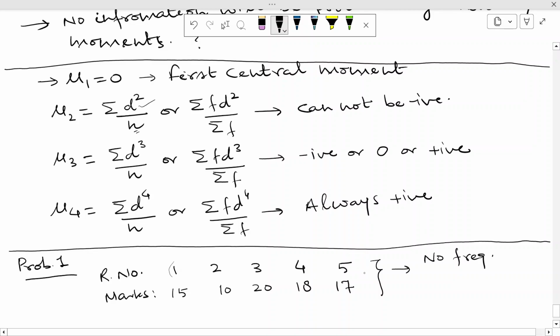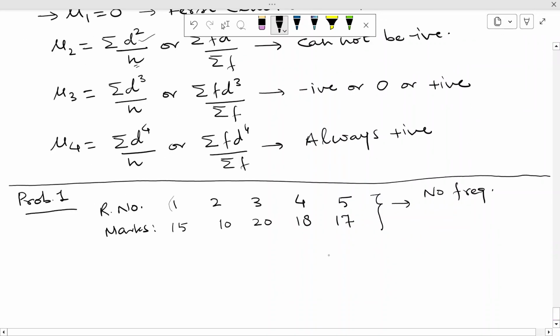This is not the frequency, this is simply the roll number. Frequency is the repetition of any observation. So this is not repetition, basically this is given as the roll numbers. So the student whose roll number is 1 gets 15. Similarly, a single student whose roll number is 2 obtains 10, and roll number 3 gets 20, and so on. So this is simply the roll number. This is not the frequency.